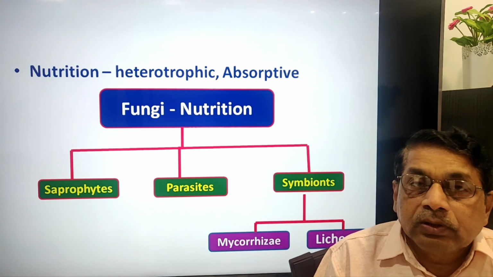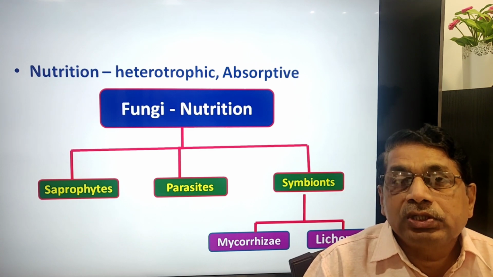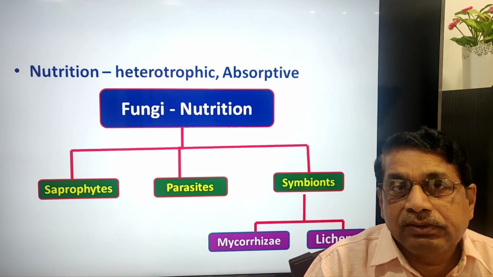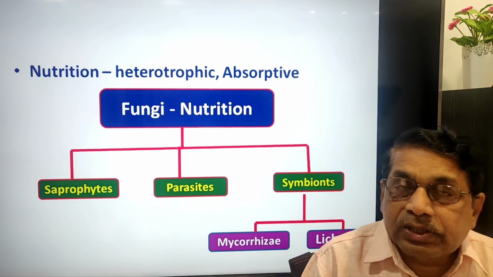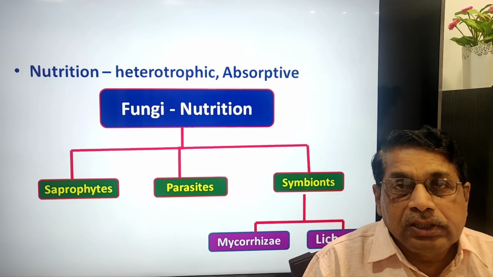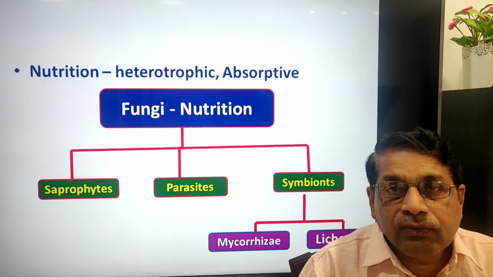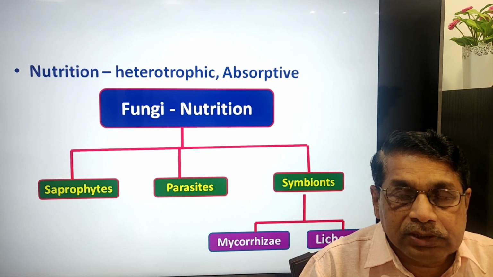Symbionts: they make a symbiotic, mutually beneficial association with plants. Mycorrhizae: myco, fungus; rhiza, root. A symbiotic association between the fungus and the root of a higher plant is called mycorrhiza. I repeat it.